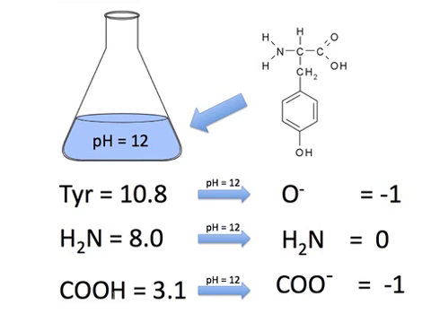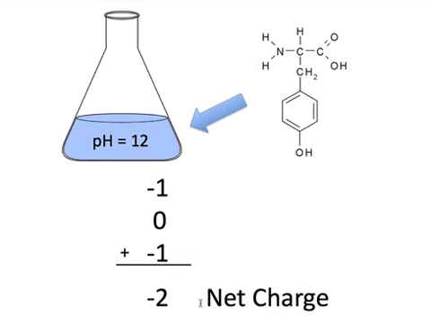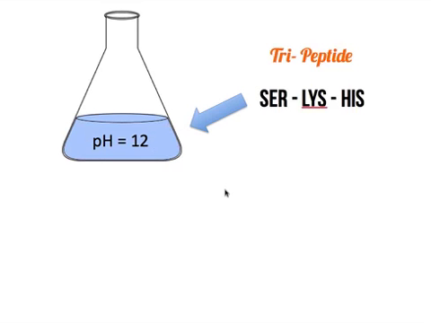This guy is already protonated, and a pH of 12 is higher, so it wants to deprotonate. And it sure does. It deprotonates to a -1. Then you just add those together, and you've got a -2 net charge on tyrosine at a pH of 12.